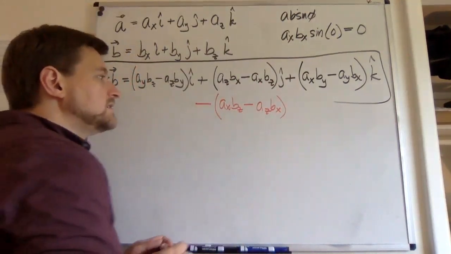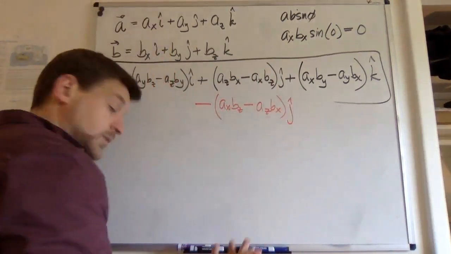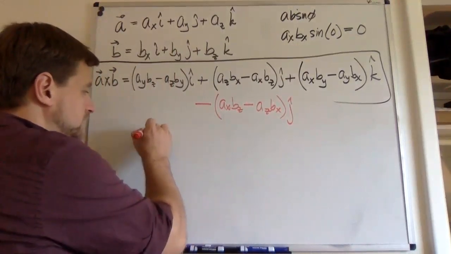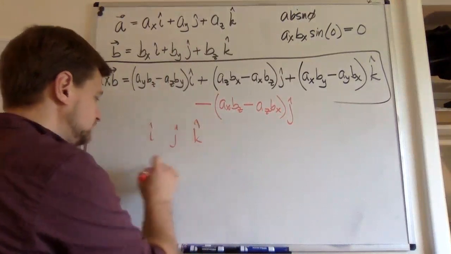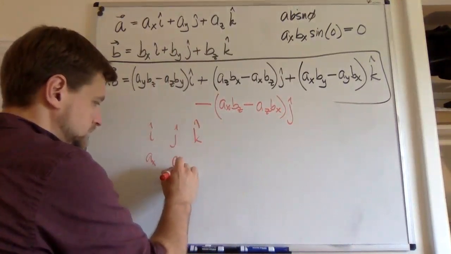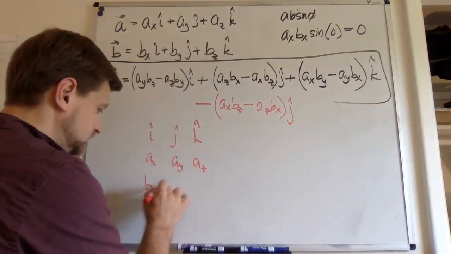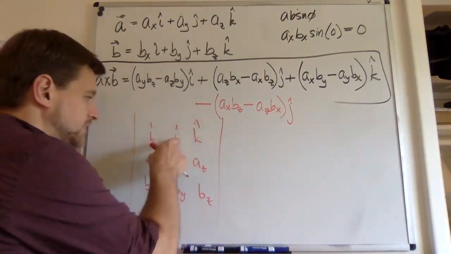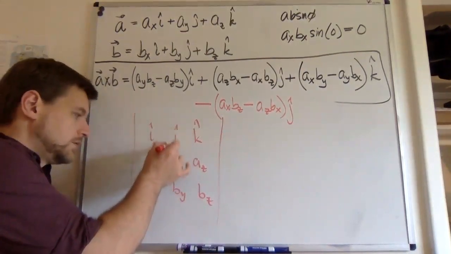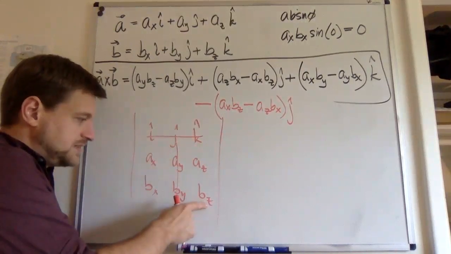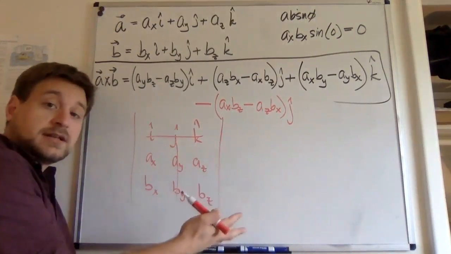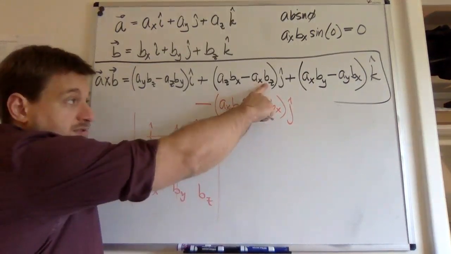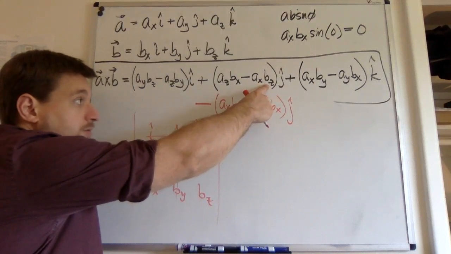We can argue about whether it's a good or bad idea, but the reason to do that is that in a matrix determinant, when we form a little submatrix for the J, the main diagonal is AX BZ, which is the negative one in our actual formula.